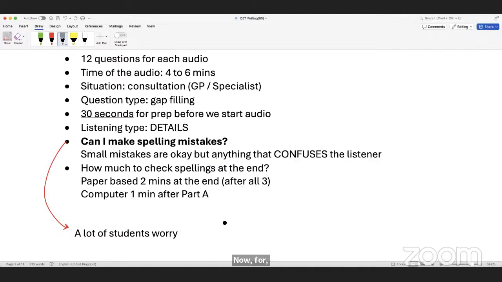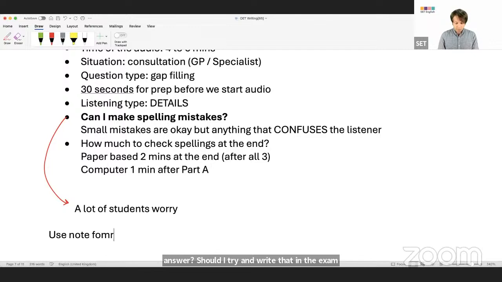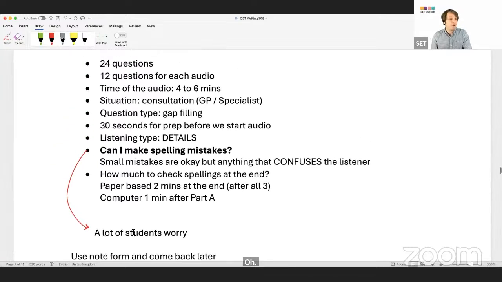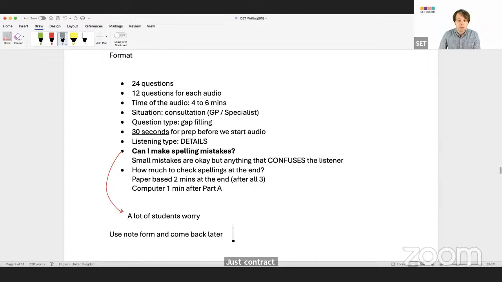Maybe make notes. Use note form. You could even write in your own language if it's very long. Later on, you come back and you change it. Remember, you have time at the end to change your spellings.